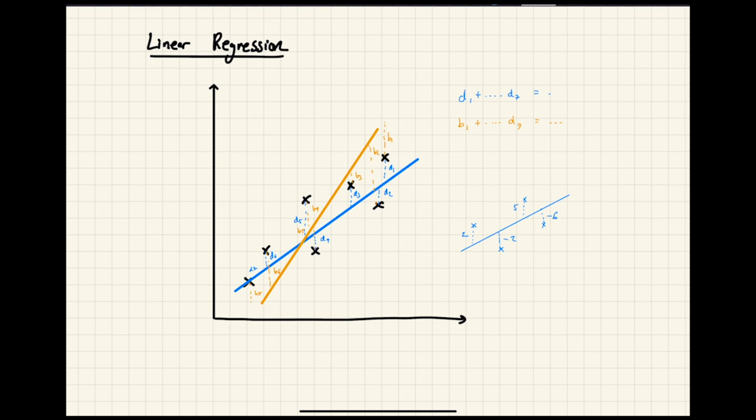In order to get rid of all these minus signs which will interfere, you do something like 2 squared plus -2 squared plus 5 squared plus -6 squared. The squaring part gets rid of the minus sign so you can get some number which works. So that's why you call it the least squares regression line.